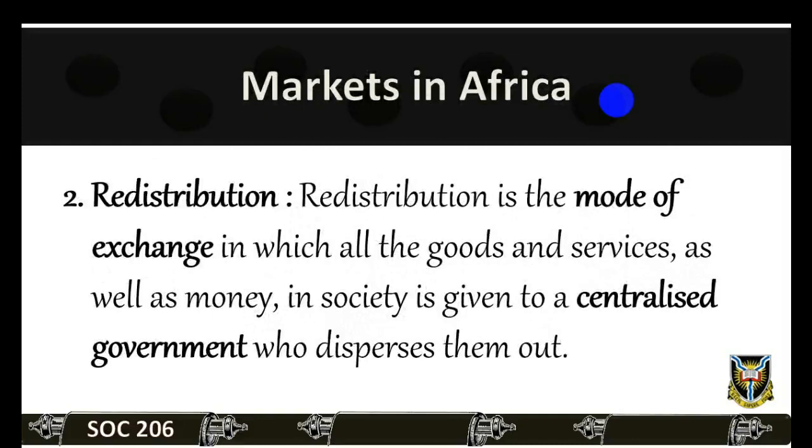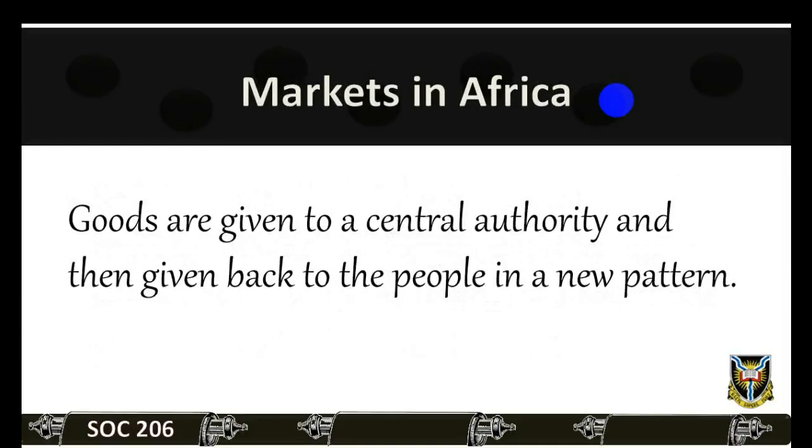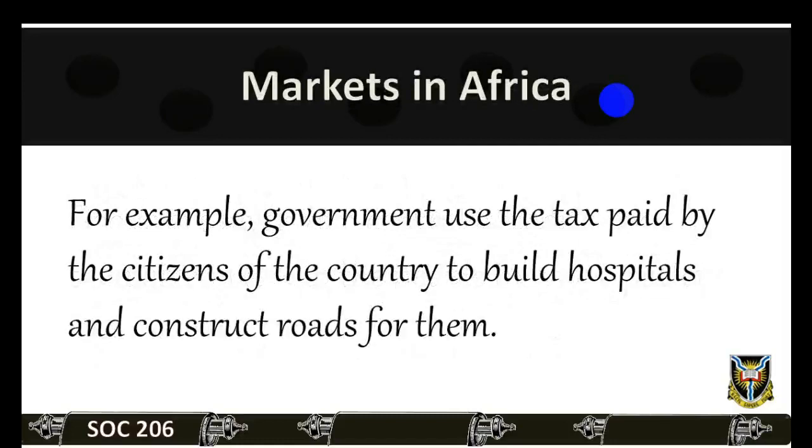Redistribution. Redistribution is a mode of exchange in which all the goods and services, as well as money, in the society are given to a centralized government who disperses them out. Goods are given to the central authority and then given back to the people in a new pattern. For example, governments use the tax paid by the citizens of a country to build hospitals and construct roads for them.